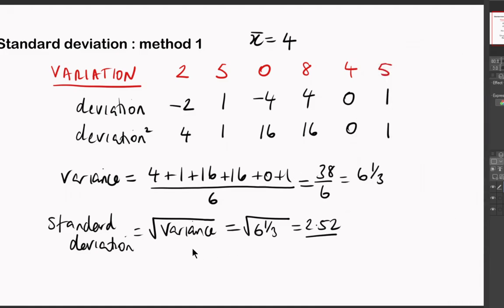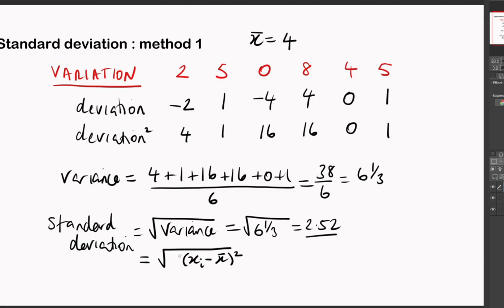Now, also want to look at the formula for this. So let's look at what we did. So standard deviation is the square root of... Now, how did we work out the variance? For each number, xi, we took away the mean, x bar, and we squared the result.